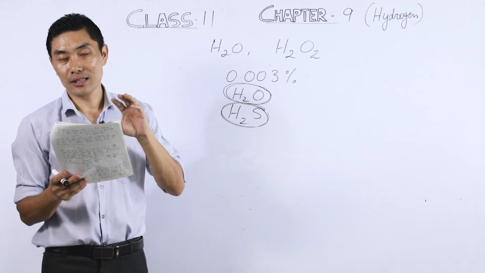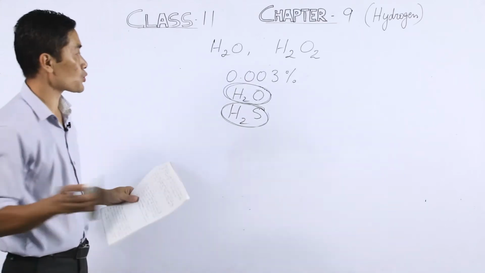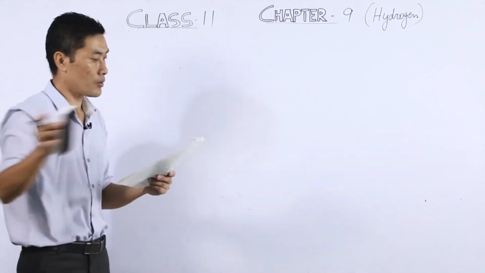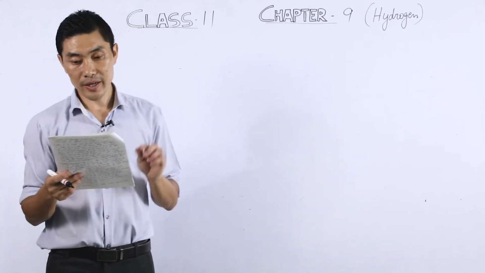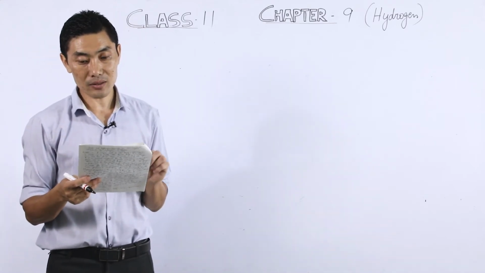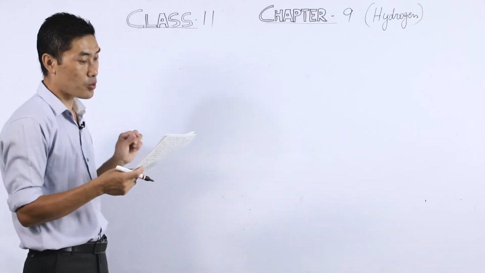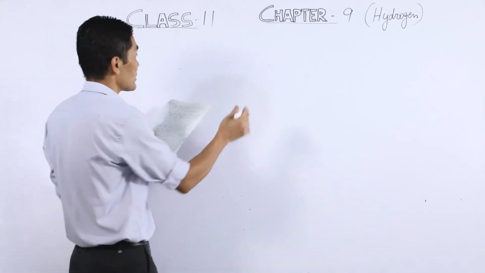So, in nature, water can be found in all the three states of matter, that is, as a solid, a liquid, as well as a gas. If we see the structure of water, in the gaseous phase, water is a bent molecule with a bond angle of 104.5 and OH bond length of 95.7.